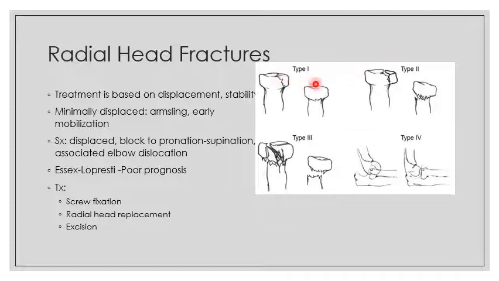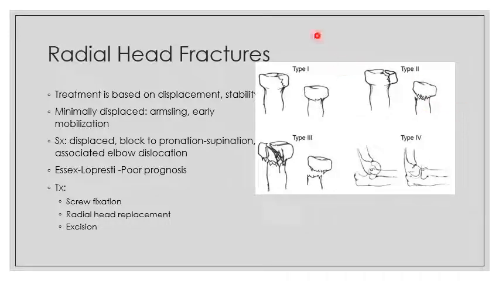Usually you have a minimally displaced fracture, so you put the patient in an arm sling, then you mobilize early. Surgery is usually for displaced fractures or those with a block to pronation and supination, and if there's an associated elbow dislocation, since this would be part of your terrible triad.